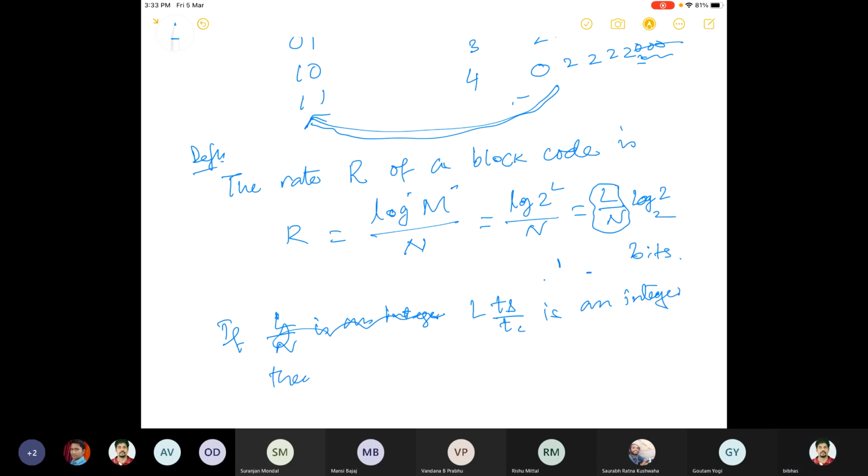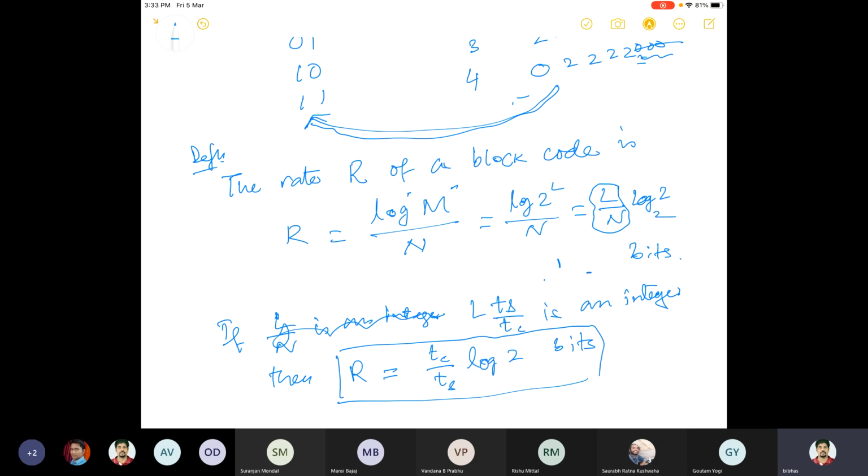Then R is equal to Tc by Ts log 2 bits. So this is what is called the rate of the block code, the rate of the transmission: log of M divided by N.